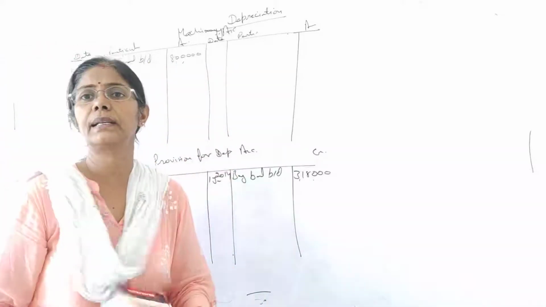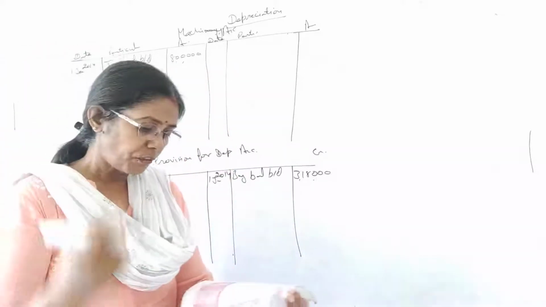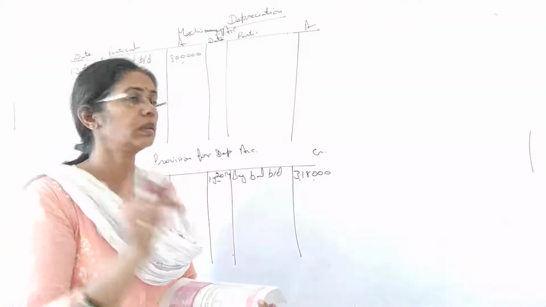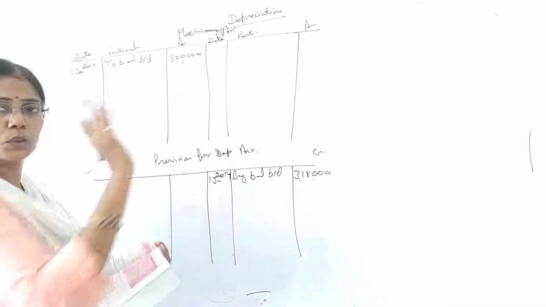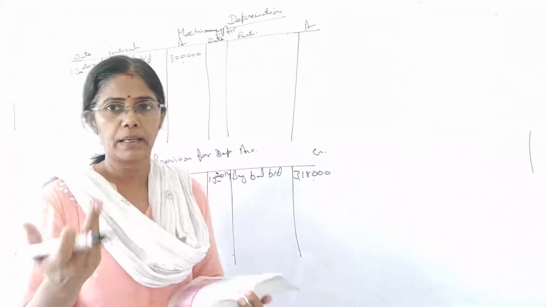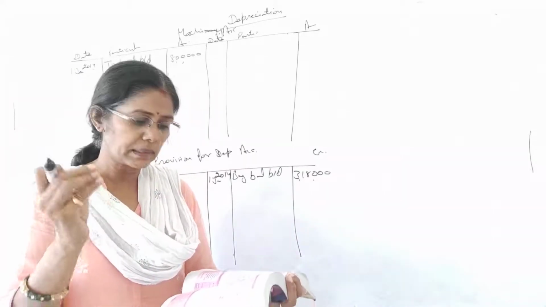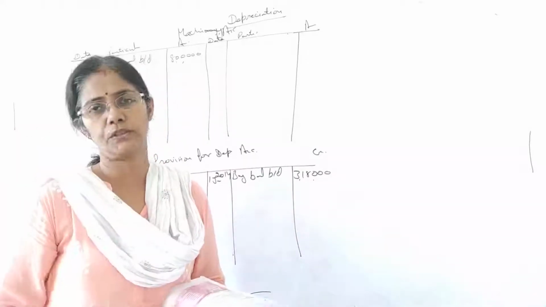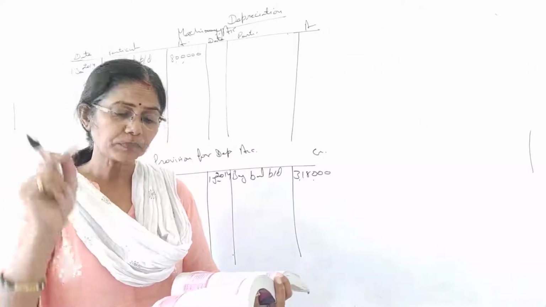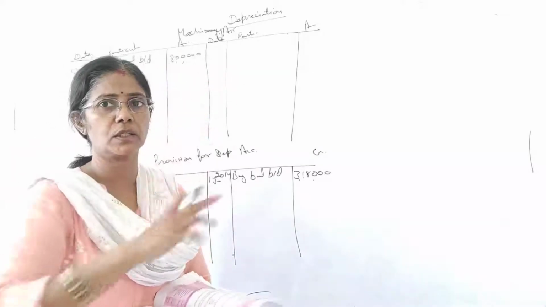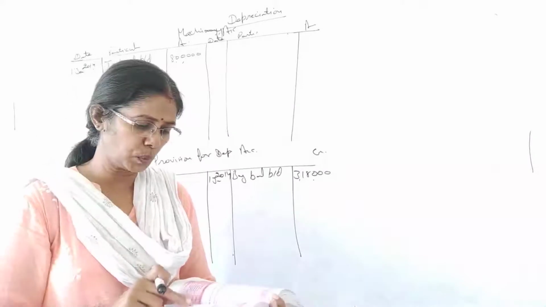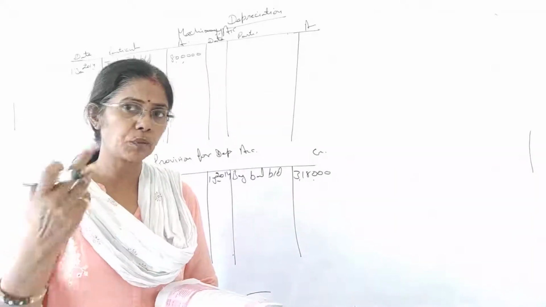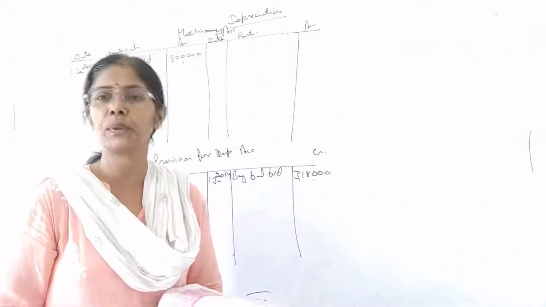Okay, so it may have more than one machine. So the same thing they are telling in this question, that one machinery they are selling on this particular date, 1st January 2014. At what price they are selling? They are selling for 34,500, and this machine was purchased on 1st January 2010. At what price they have purchased? 1,20,000.